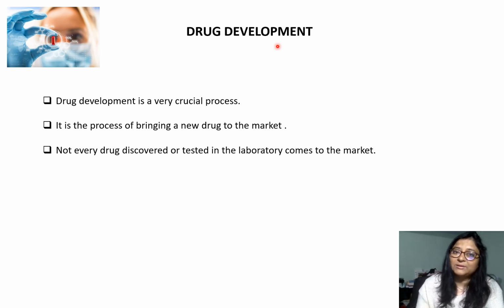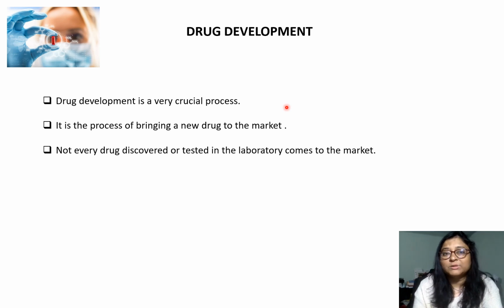After that the process starts, which makes sure that what scientists have discovered is safe and secure, and then it comes into the market. It is not a 2-day or 1-month process. It is a very lengthy and very crucial process. It is the process of bringing a new drug to the market, and a drug is a life-saving thing.